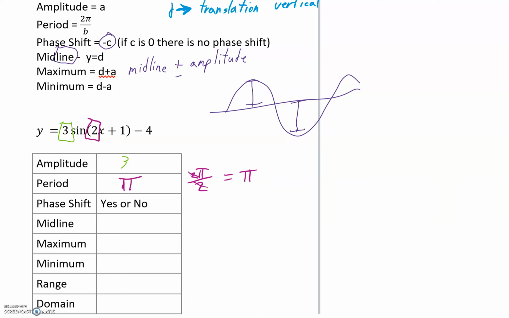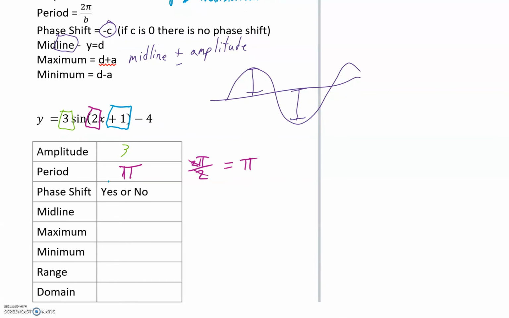Is there a phase shift, yes or no? Let's look at our equation. We have a c value. Yes, we do. It is 1, so it'd be a -1 phase shift. It'd shift to the left. We have a midline of -4, so we'd write y equals -4.